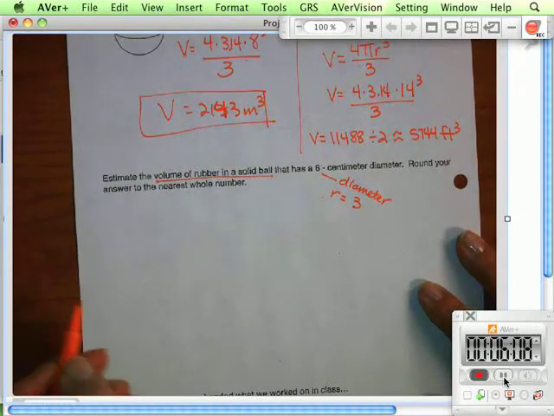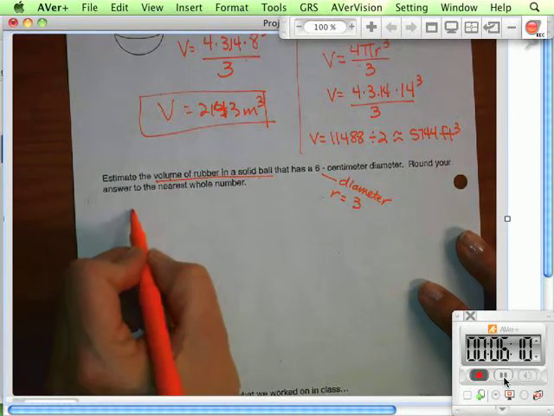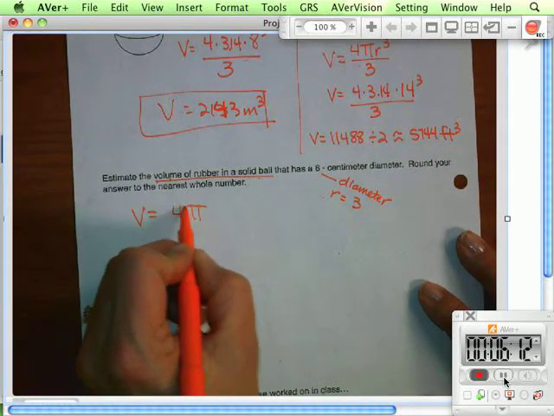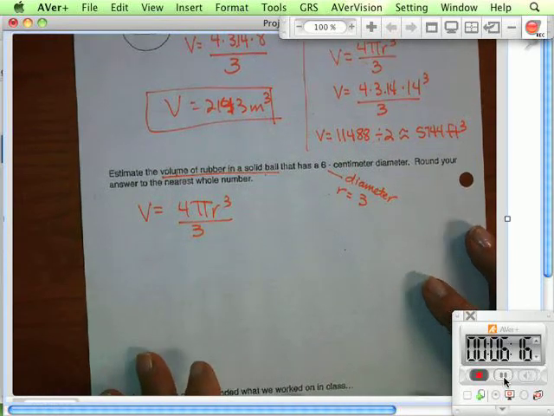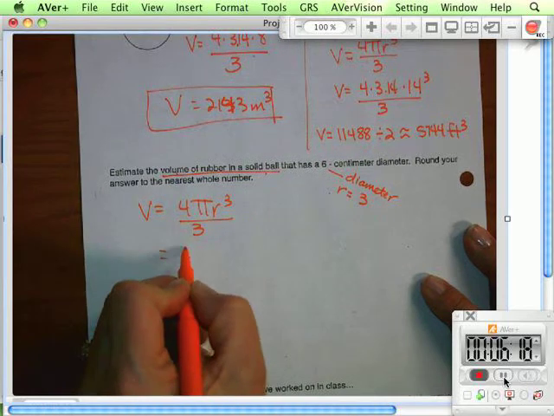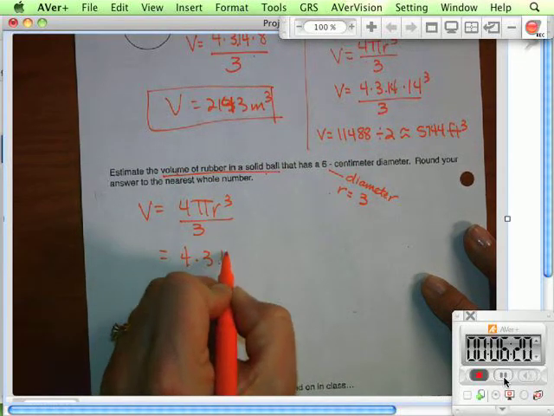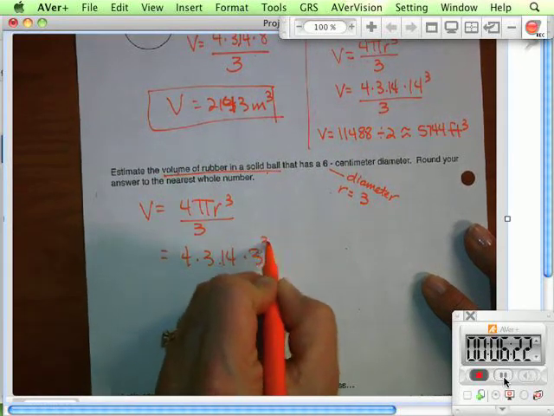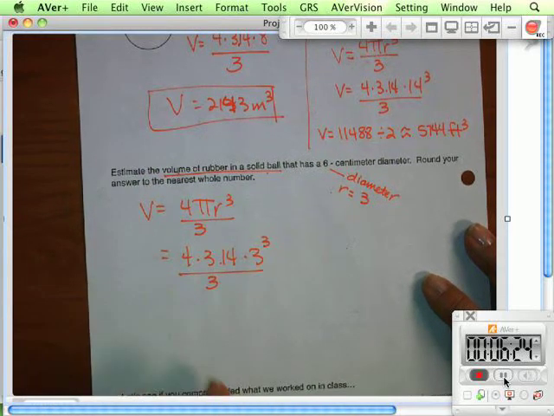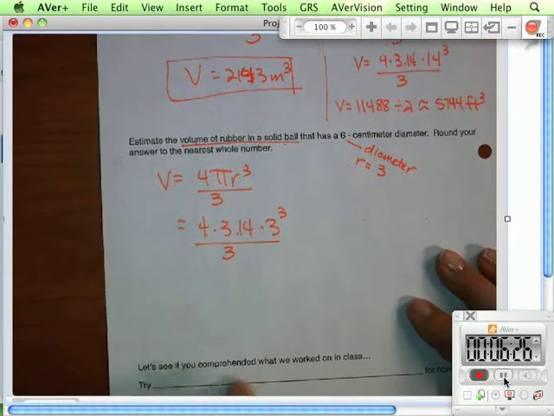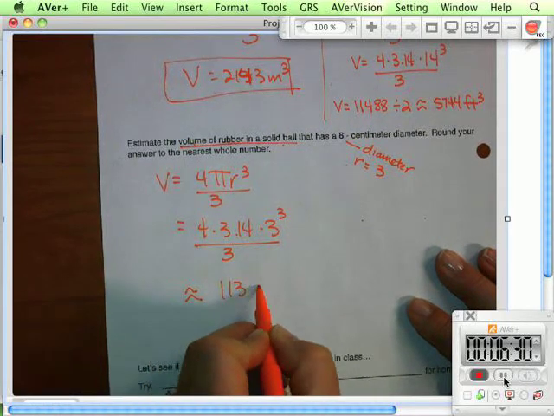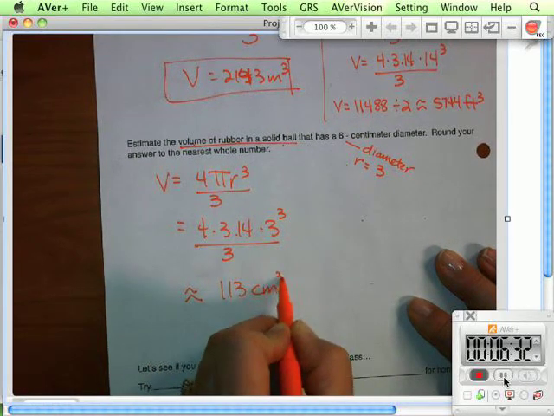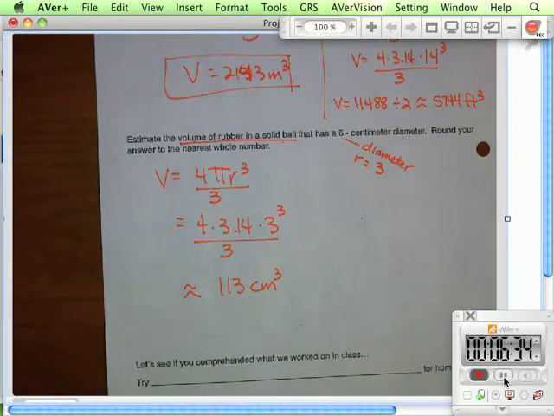Okay, volume of a solid ball, that's volume of a sphere. So I write that down. Volume of a sphere. Plug in what I know. And when you do the math, you get approximately 113 centimeters cubed because it's volume. So surface area and volume of a sphere.